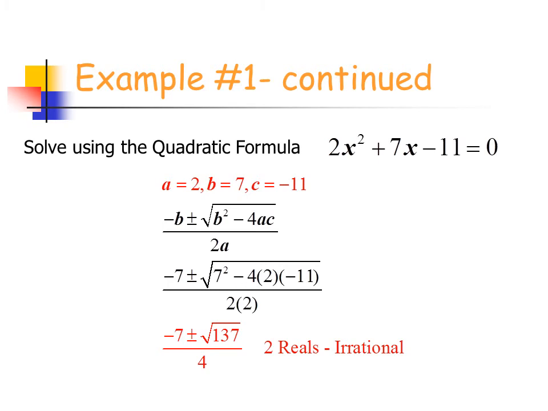If you plug a, b, and c into your quadratic formula and simplify down your radical, you'll have negative 7 plus or minus the square root of 137 over 4. That is indeed two real roots, but they are irrational.